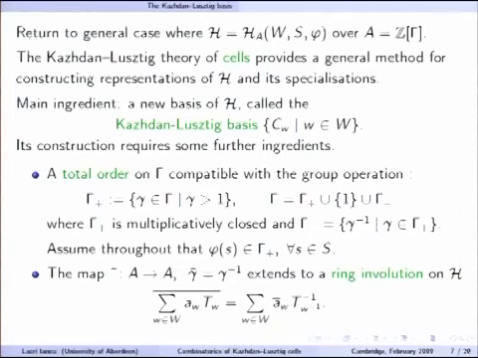Take an arbitrary element of H, a linear combination of T_w, where the T_w are the elements of the standard basis of H. The bar map sends this to a_w bar, where the a_w are just coefficients, and it sends T_w to the inverse of T_{w^-1}.